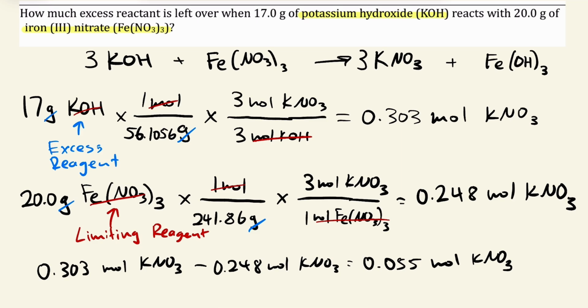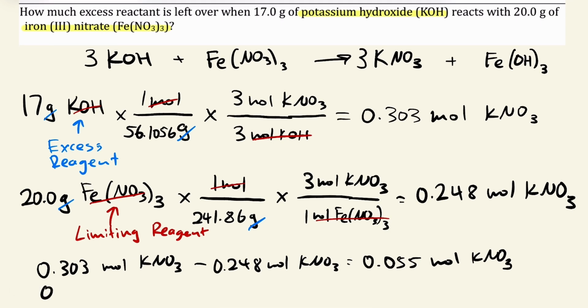So we'll take this value, 0.055 moles of KNO3, and then convert this into moles of KOH.